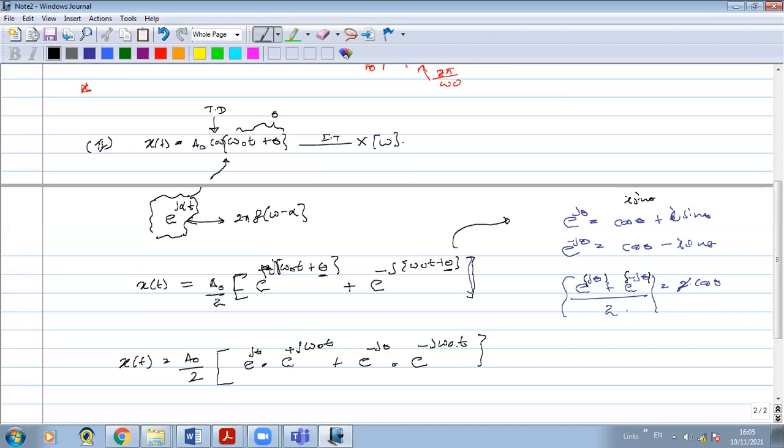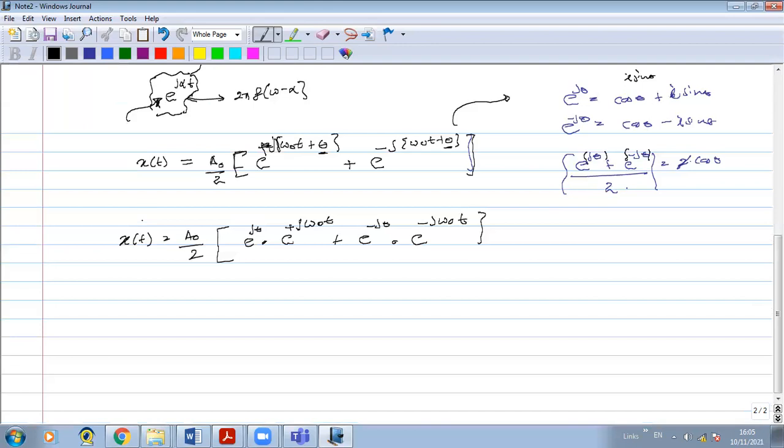So now we have written this in terms of exponential terms. If we find the Fourier transform of x(t), I can find the Fourier transform of this whole part. A naught by 2 is a constant, so I can take it out.